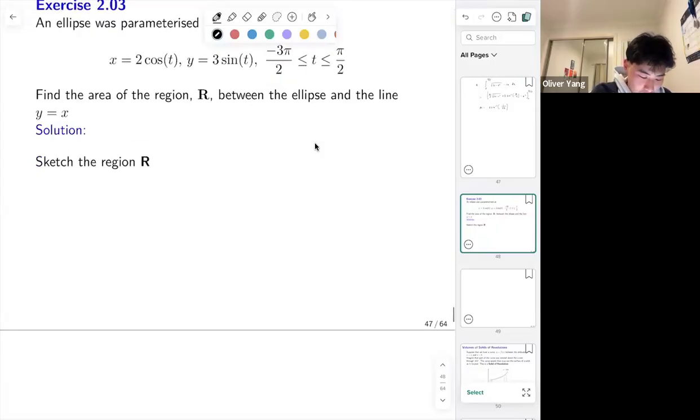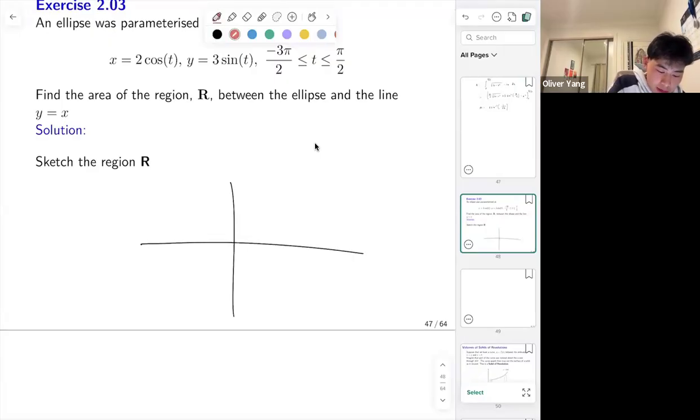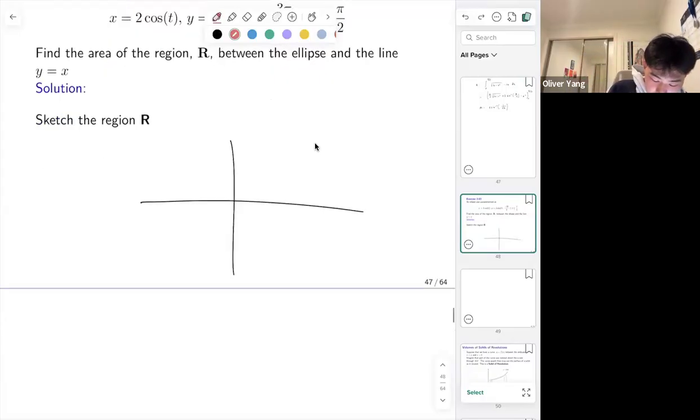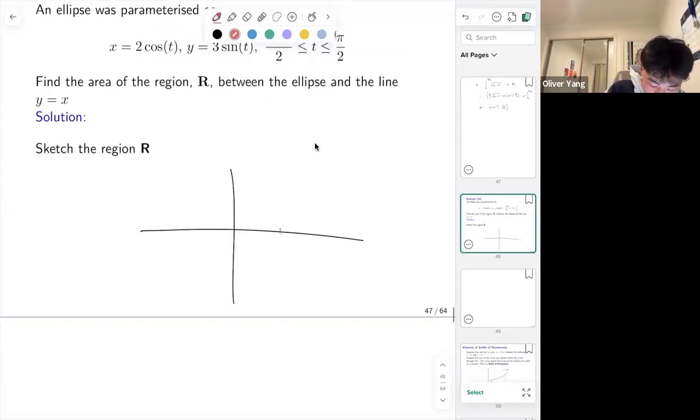When you parameterize an ellipse, on the cos scale you should recognize that's going to be your radius on the x-axis. So we should be going to -2, and then 3, -3.